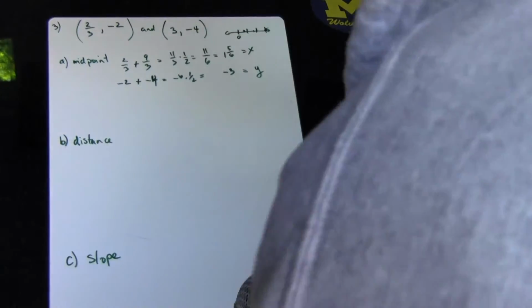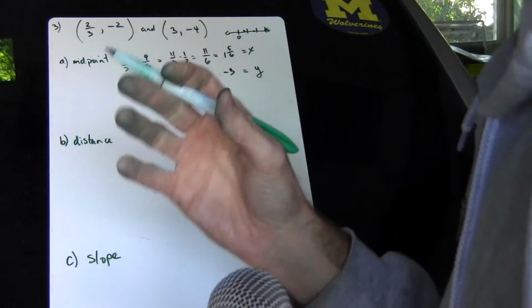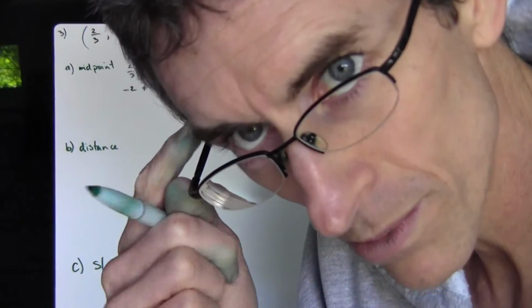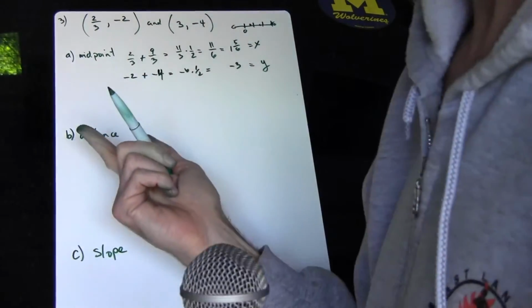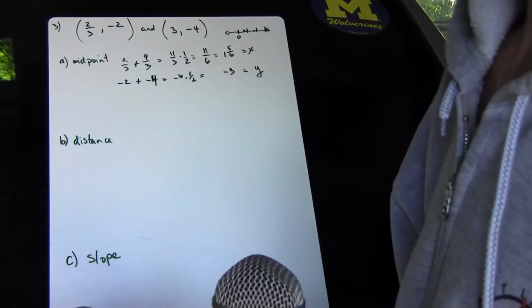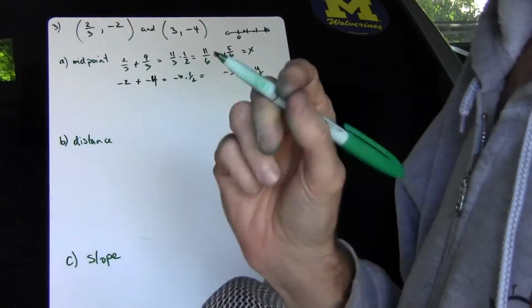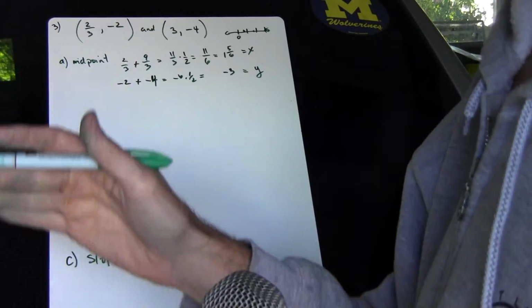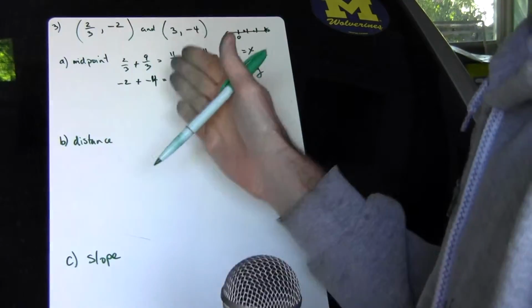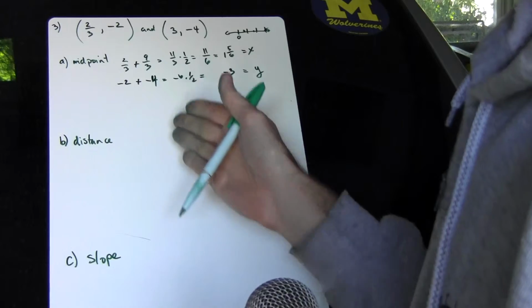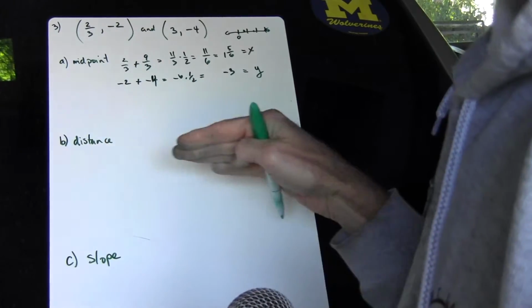Now the distance is a little different, right? Remember, we derive the distance formula using the Pythagorean Theorem. I'm not going to draw it out again, but you should be able to do that if you had 2 points and refresh your mind. You're breaking the points up into the distance between the x values and the distance between the y values.